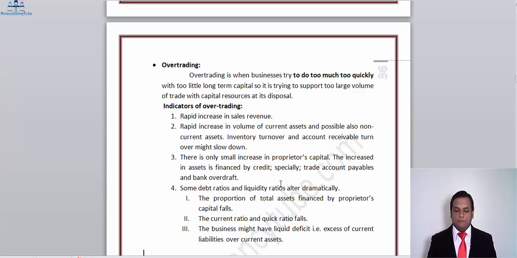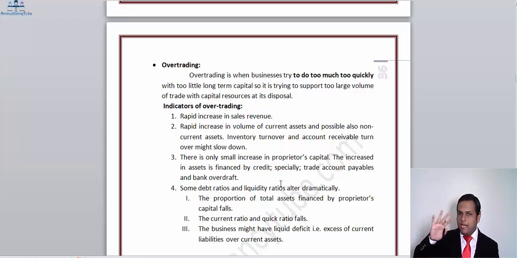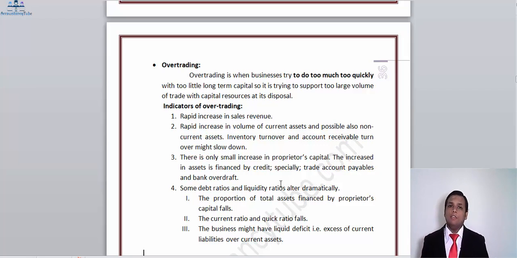Their debt to equity ratio starts to get disturbed, and more of their capital financing is via debt rather than equity. They rely heavily on obtaining credit from the bank and extended credit periods from the suppliers.